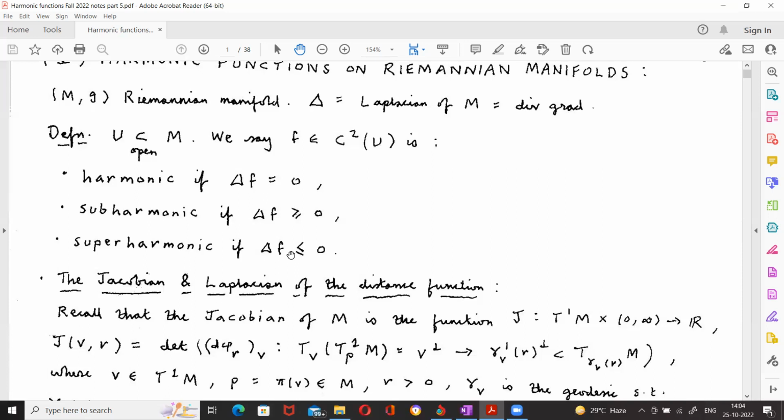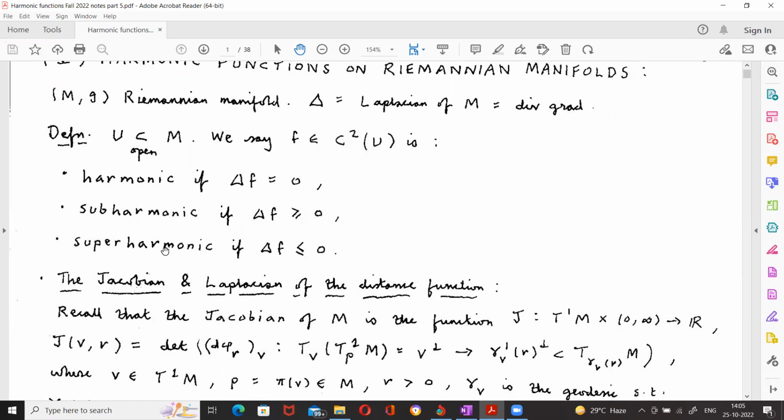Okay. Now, in higher dimensions, you can think of subharmonic and superharmonic functions as analogs of convex and concave functions, respectively. So you can define a function on a Riemannian manifold to be convex.